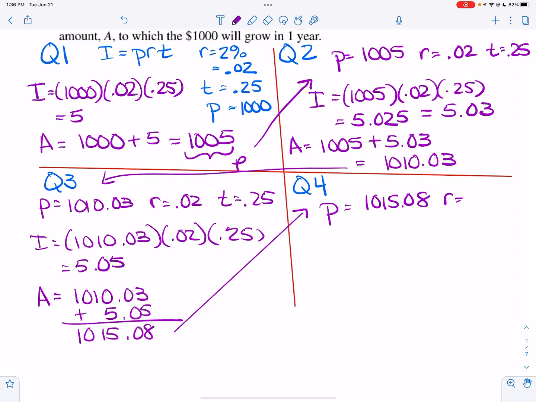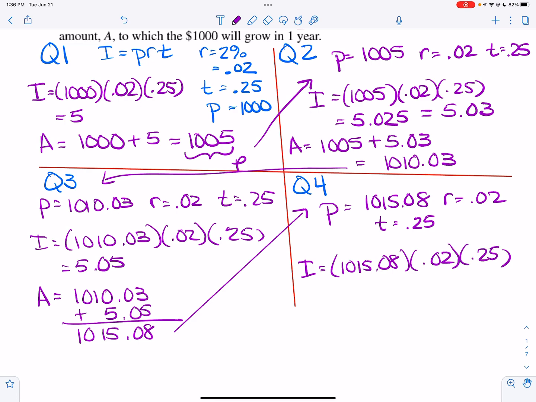And my rate is still the same, and my time is still the same. So the interest on the last quarter, principal times the rate times the time, gives me $5.08 because it comes out to 5.0754.